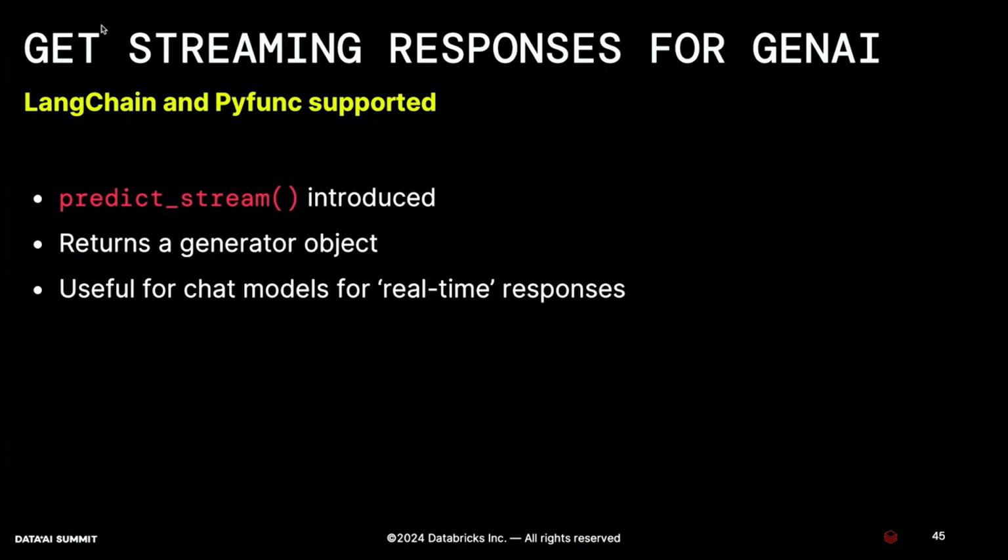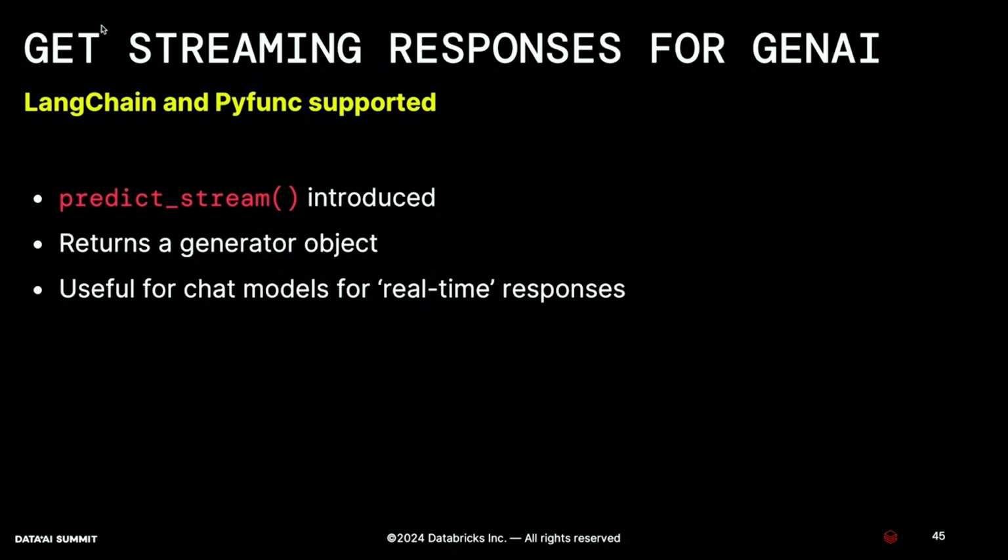And streaming, we mentioned before, sort of the chat response. So we've added in both LangChain, in the MLflow flavor for it, as well as just generally in PyFunc, a new API called Predict Stream. Any MLflow users are very familiar with the fact that we have Predict. That was the main synchronous result that you could get from these APIs.